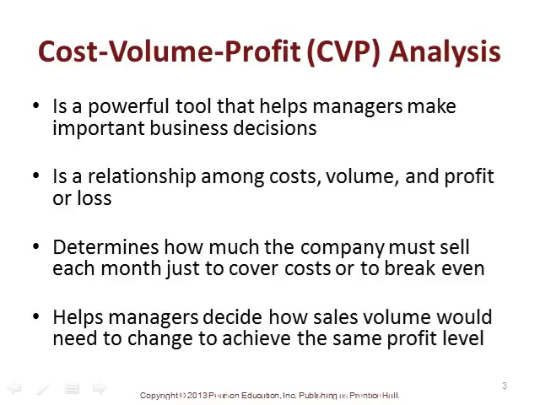With cost, volume, profit analysis, we use it as a tool that helps us to make important business decisions. It illustrates a relationship among cost, volume, and profit or loss. It helps us to determine how much the company must sell each month to cover these costs or to break even, and it really helps managers decide how sales volume would need to change to achieve the same profit level under other circumstances.